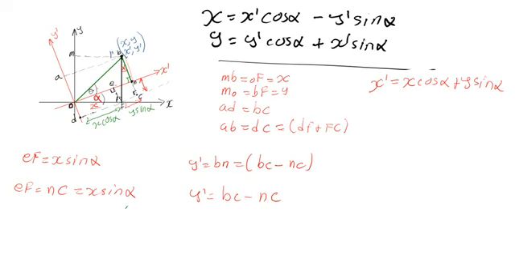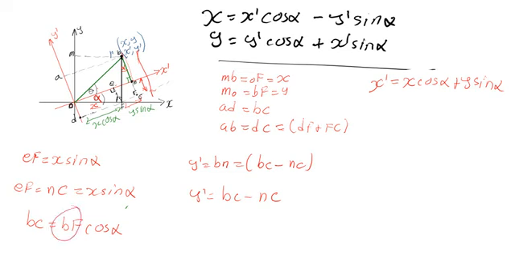Then what is our BC? Our BC, from B to C here, is just the x side of BF. So you can say our BC is equal to BF cos alpha. And the question is, what is our BF?